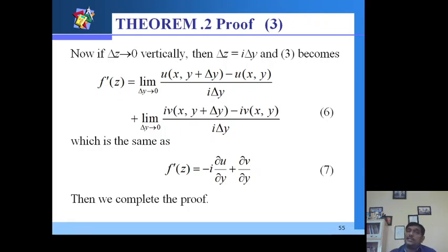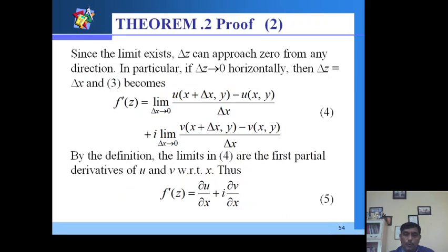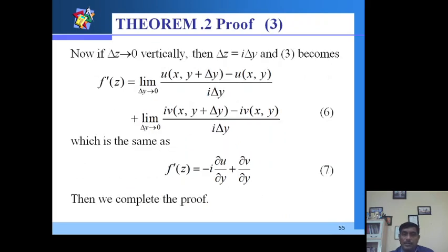We already discussed in the first lecture that if two complex numbers are equal, the real part is equal to the real part of the other and the imaginary part is equal to the imaginary part of the other. Here you see dou u by dou x is equal to dou v by dou y.